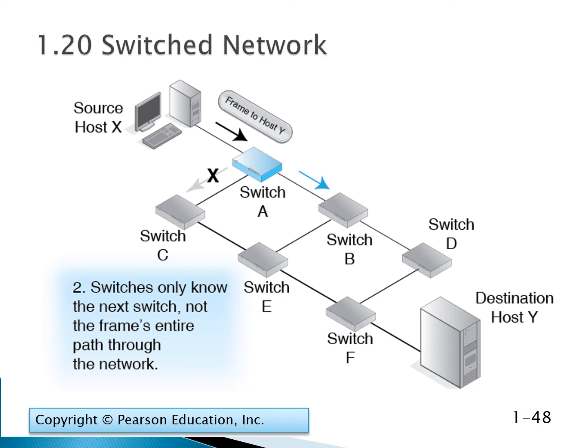So when switch A receives the message, I know if it's going to Y, I should just forward it to B. But I do not know whether it will go to D or E or anywhere else after it goes to B. I only pass it to B. Then it's not my business anymore.